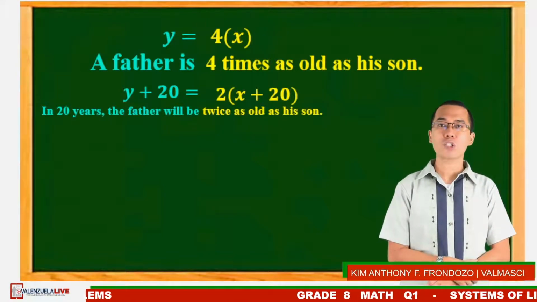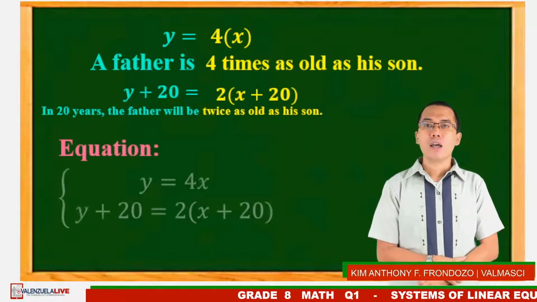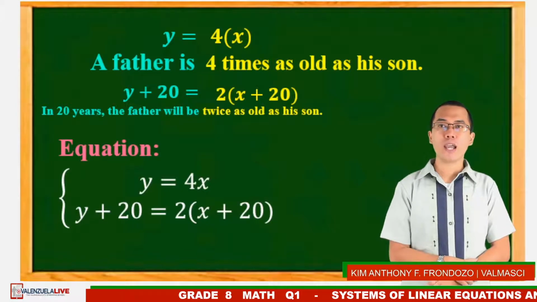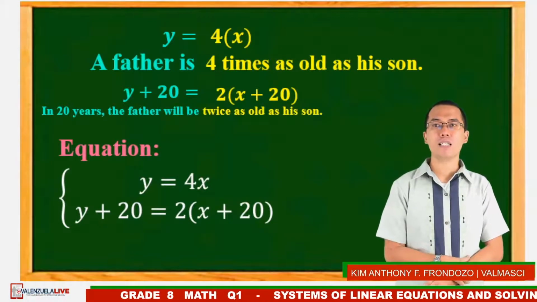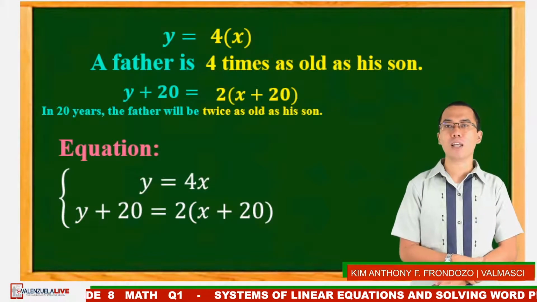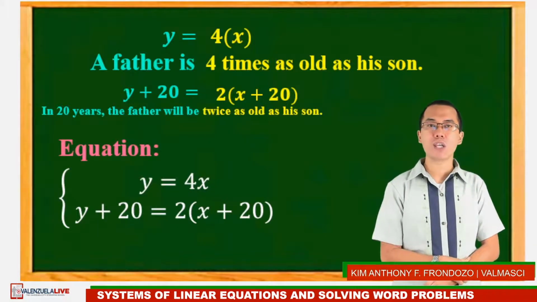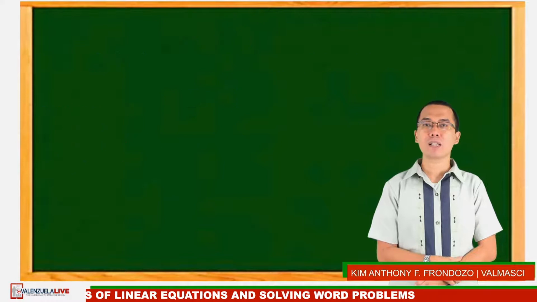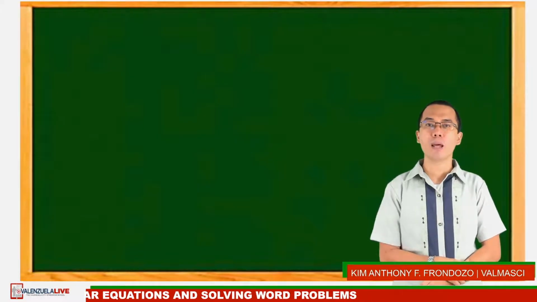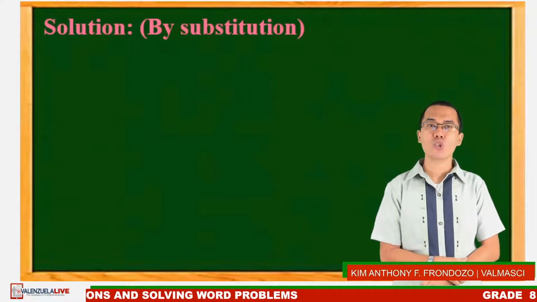So the equations will be y is equal to 4x and y plus 20 is equal to 2 multiplied by x plus 20. Analyzing the simultaneous equations, the best method we can use to solve the problem is by substitution.